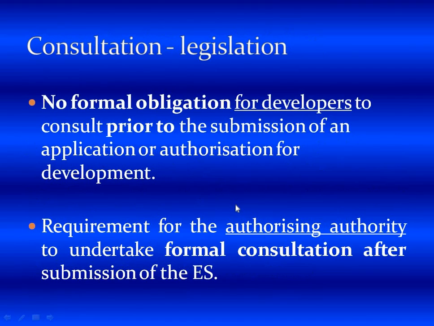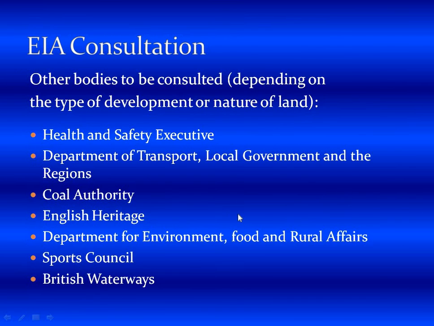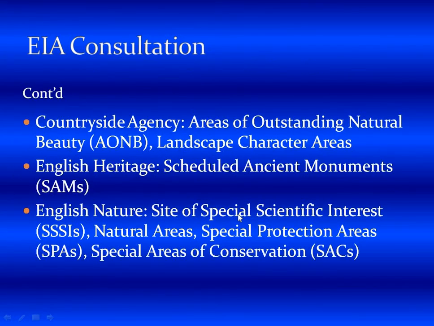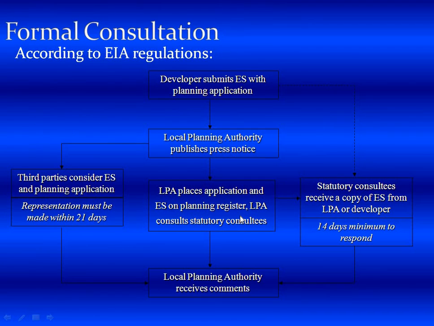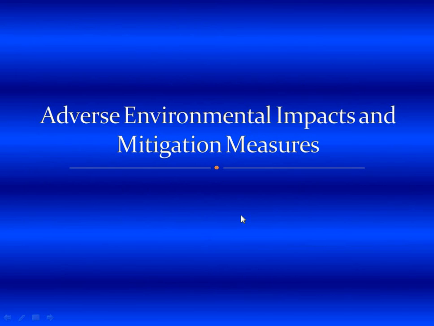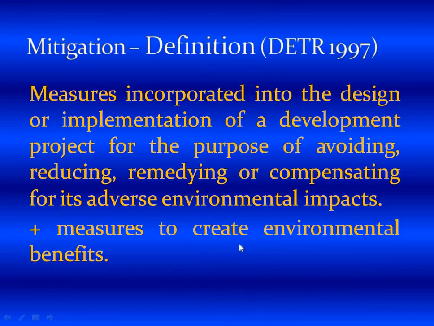Extra consultation is required, so what is involved? There is preliminary consultation and EIA consultation, covering the statutory and non-statutory aspects, and formal consultations, adverse environmental effects, then mitigation. Mitigation covers this, along with the assessment of significance. All these different tools are used for these studies and mitigation measures.